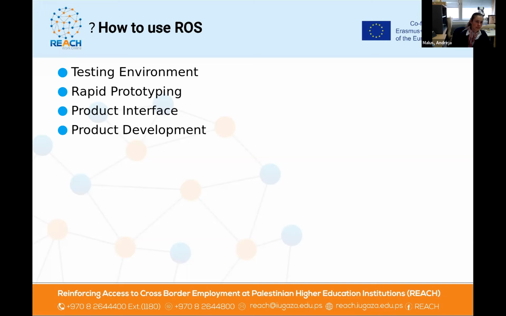It's also close to the next use case, which is rapid prototyping. If you're developing some kind of robot, maybe later after you are satisfied with the prototype, you will write more complex software. However, in the beginning, when you're still trying to figure out what works and what doesn't in your prototype, ROS can be used for rapid prototyping.